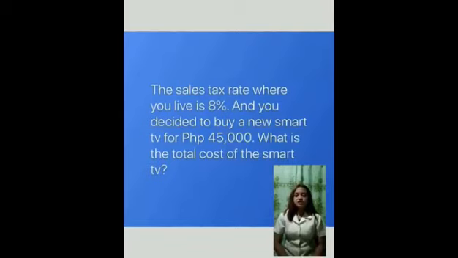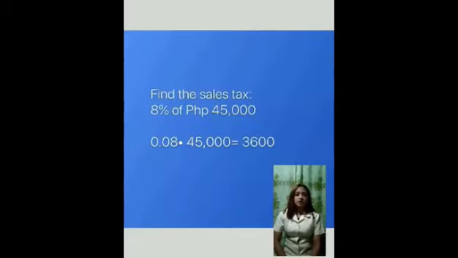Let's move on. Here is an example of sales tax. The sales tax rate where you live is 8% and you decided to buy a new smart TV for 45,000. What is the total cost of the smart TV? Find the sales tax: 8% of 45,000.